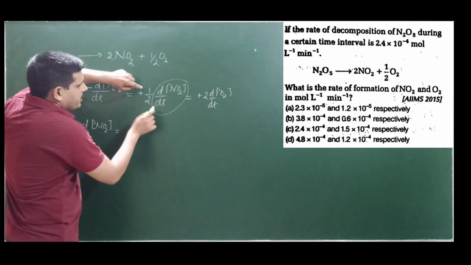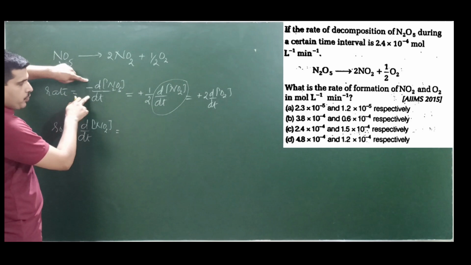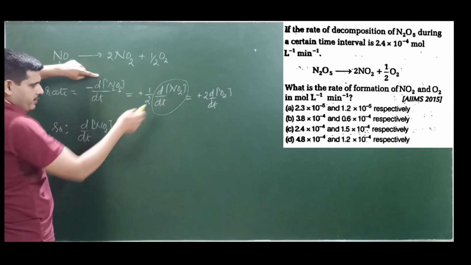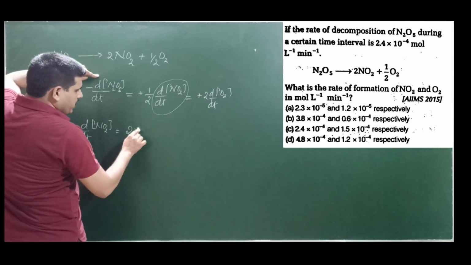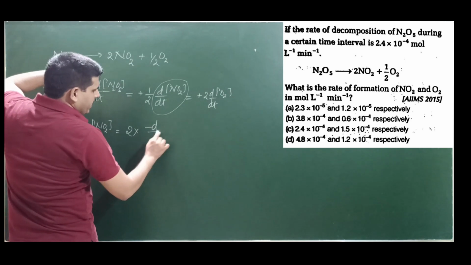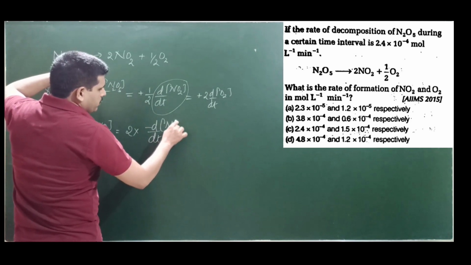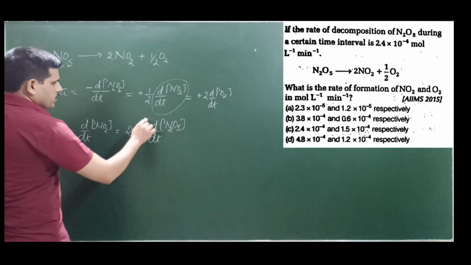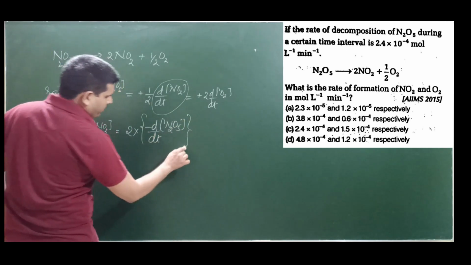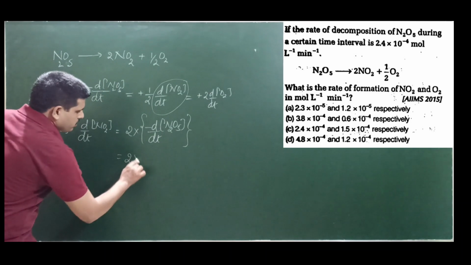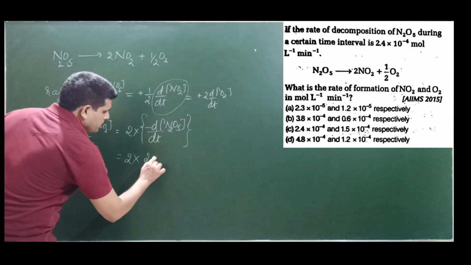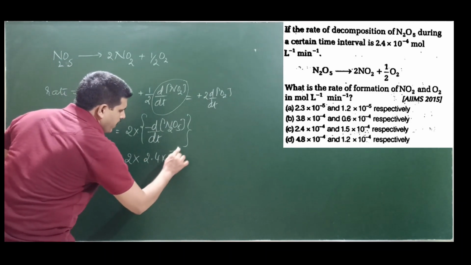I have to multiply this rate by 2, because N2O5 is given. So this is 2 into minus d by dt of the concentration of N2O5, and this value is given. This is nothing but 2 into 2.4 into 10 raised to minus 4.